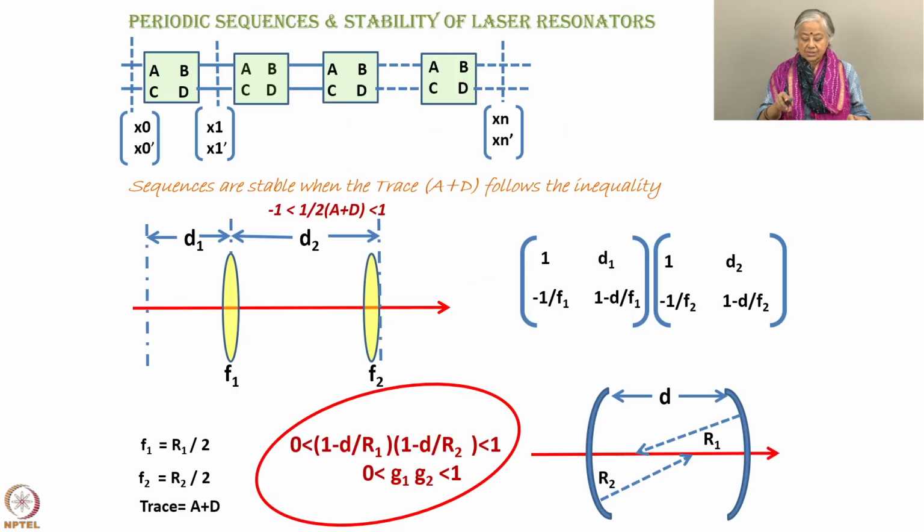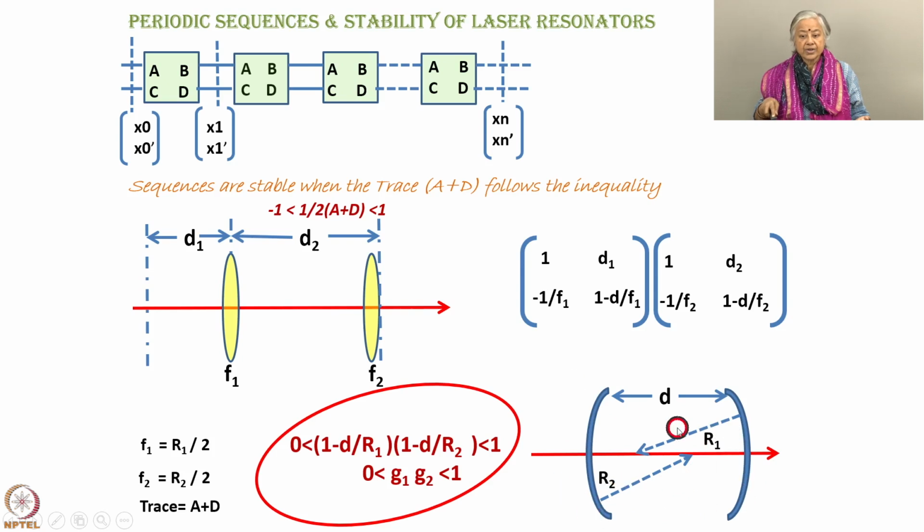So, I go back to this. Why have I taken this example of lenses? That is because it is very similar to two spherical mirrors which form the resonator of a laser.